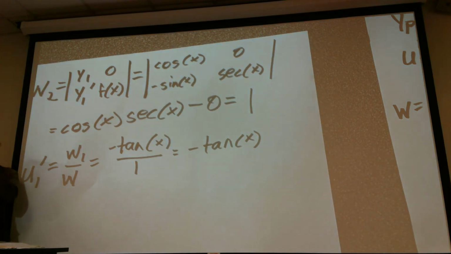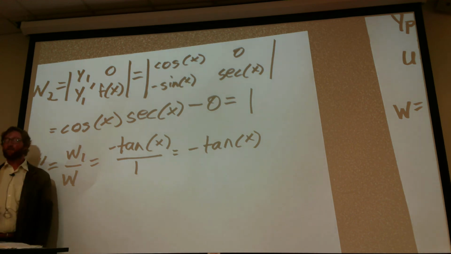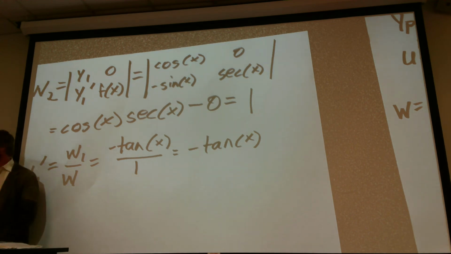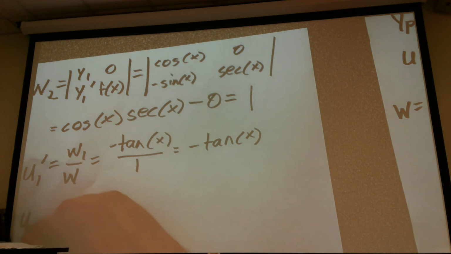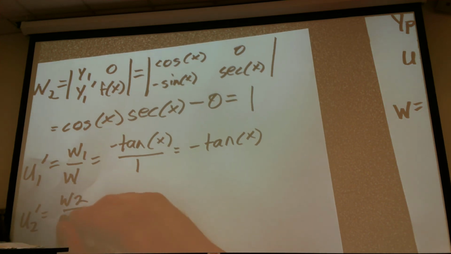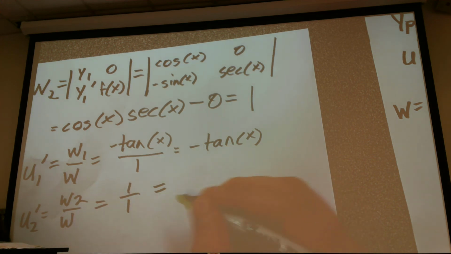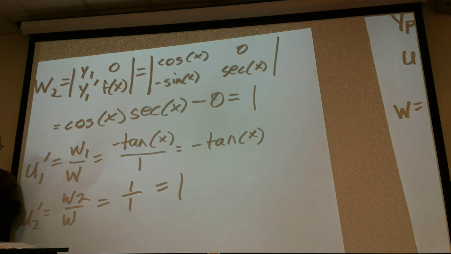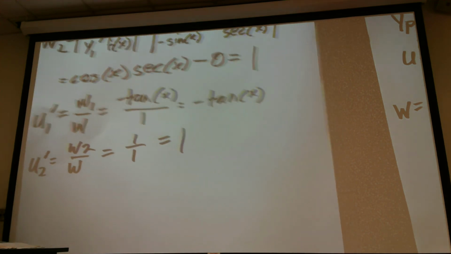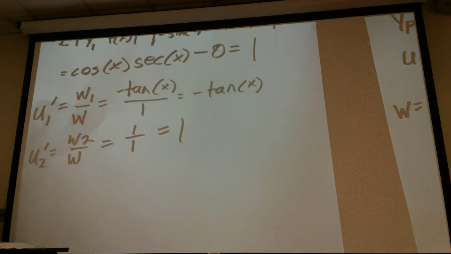If I want to find u1, you know what, let's go ahead and find u2 first. So u2 prime would be w2 divided by w, in this case 1 divided by 1, which just equals 1. So w1, w2, and w tell us what u1 prime and u2 prime are. Now that we've got the primes, we need to integrate to get u1 and u2.